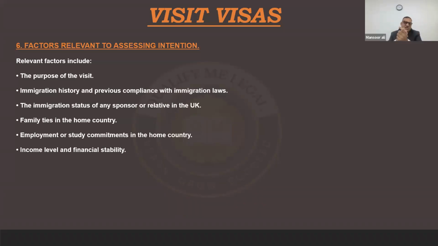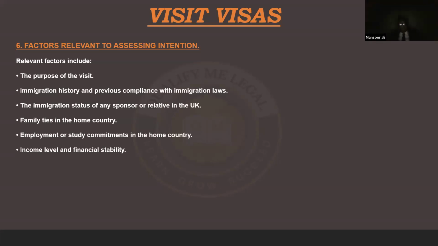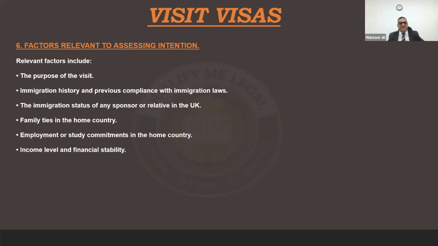Apart from these criteria, if you are going for a specific purpose of visit, for the sake of argument, you want to attend a lecture in the UK, then in addition to these standard requirements, you need to inform the Home Office that I'm going to come to the UK in order to attend a lecture.